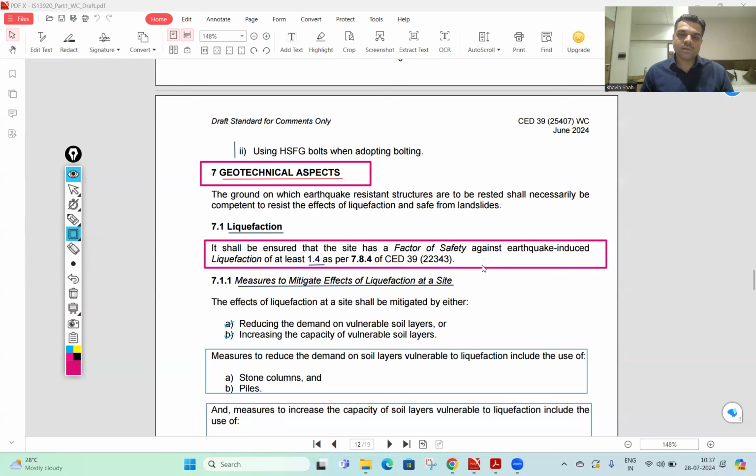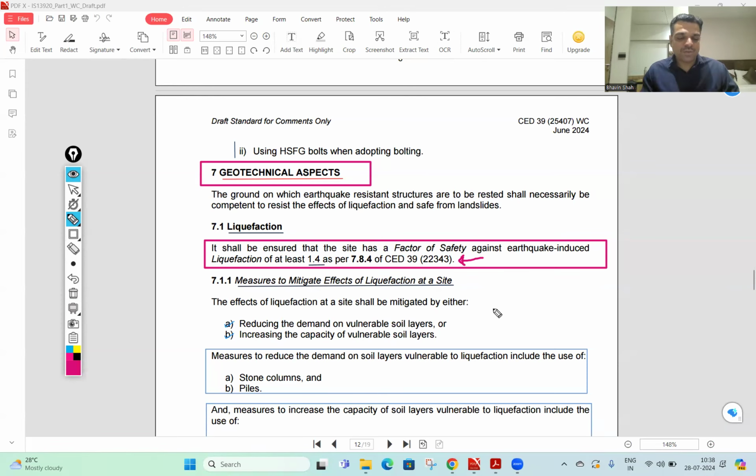Now here again in the CD 22343, I just made the same comment from my side, that it's better that all the geotechnical investigation related or geotechnical engineering related aspects be considered in the relevant Indian standards which focus on geotechnical engineering, according to me. And why I'm suggesting this, because it may create a potential conflict, and let's say a geotechnical engineer may or may not refer to the standard for earthquake resistant design.